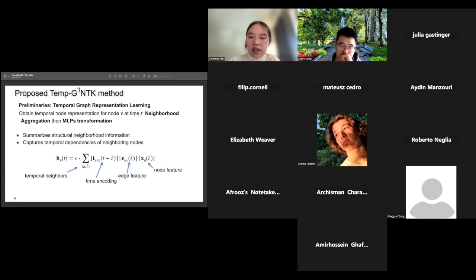Next, an edge feature, which is the given edge feature of u and v connected at the time before t, and also the node feature of the neighbor. With the scaling factor over here, we would let this be the number of temporal neighbors, which turns this into a mean pooling aggregation. But we could also make this a sum pooling aggregation by setting C to 1. So that's how we first obtain the temporal node representation for v at a certain time.